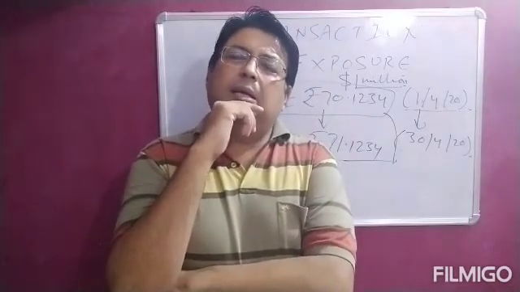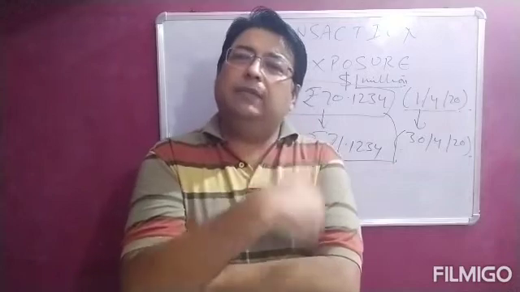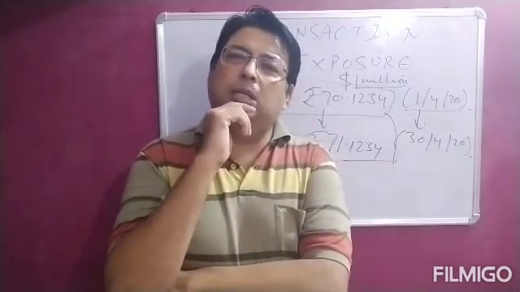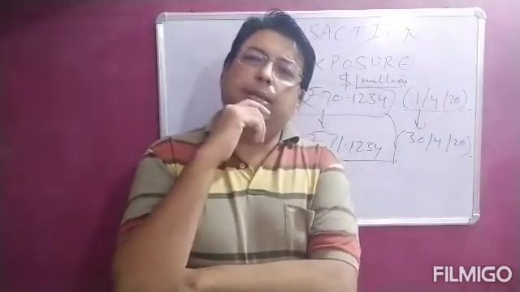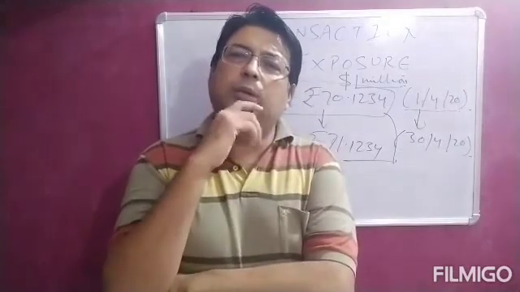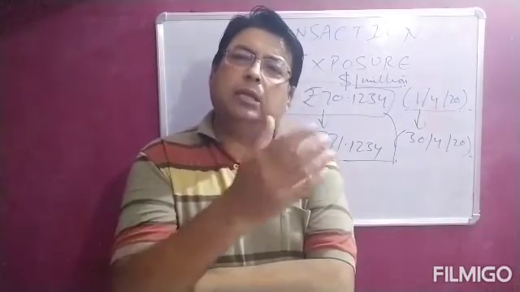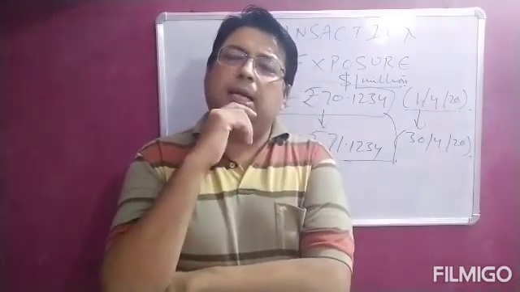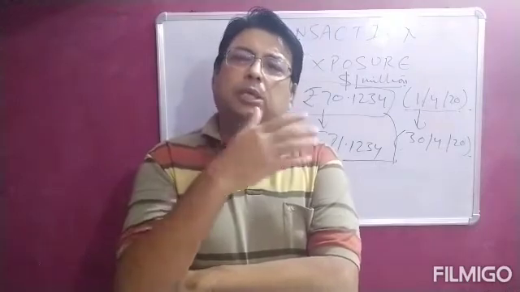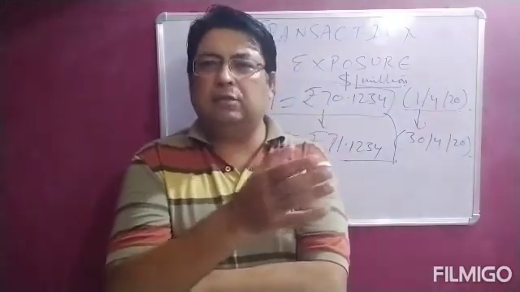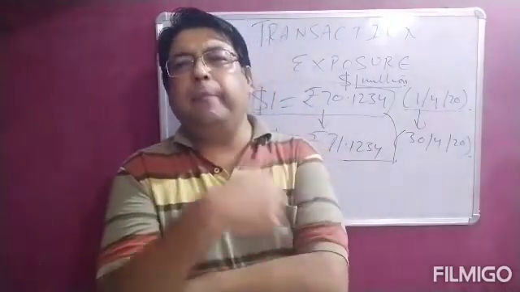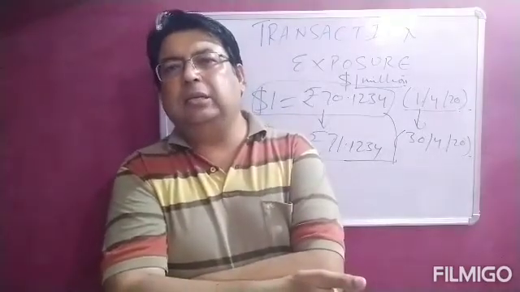So here, if the exporter thinks that the euro is going to appreciate or the Indian currency is going to depreciate, then on the day of striking the contract with the importer who is in the US, the exporter takes an offsetting position because it is forecasting that the Indian currency may depreciate against the euro.